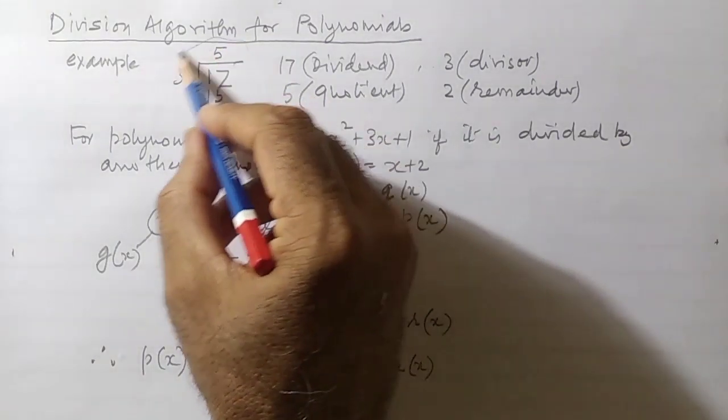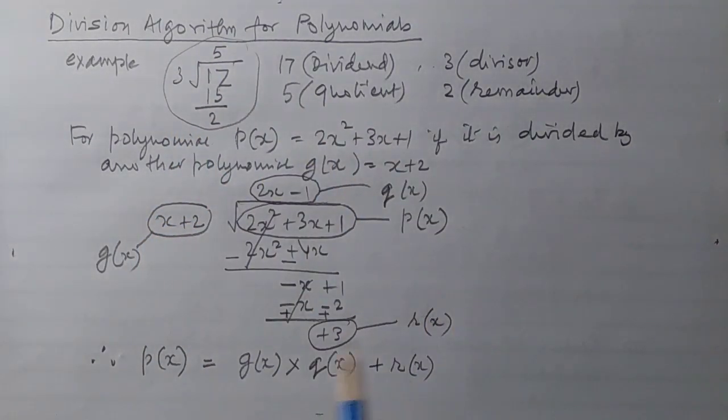If you see this here, what you will get is 17 is equal to 3 multiplied by 5 plus 2. 3 into 5 is 15 plus 2 is equal to 17. Just checking this here.